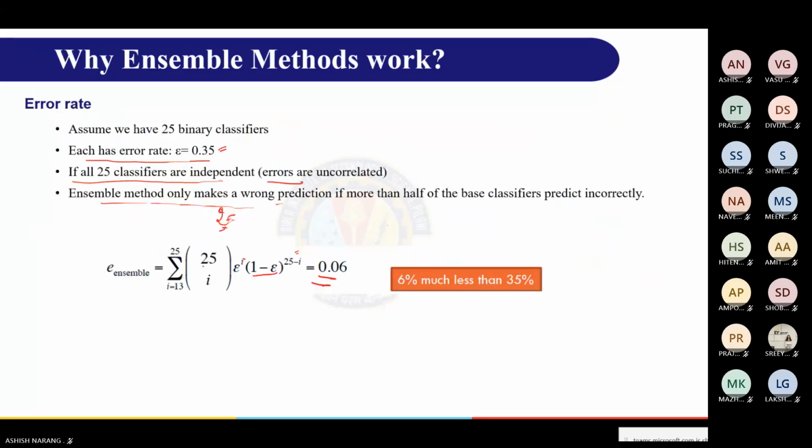But if they are independent and diverse, then only if more than half of the base classifiers predict incorrectly will the ensemble predict incorrectly, because majority voting goes with more than half. Then the ensemble will give the wrong results. And you see the power of the ensemble now. 35% error in individuals, but if they are diverse, 6% error in the ensemble.